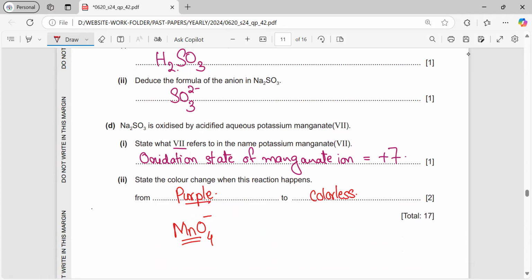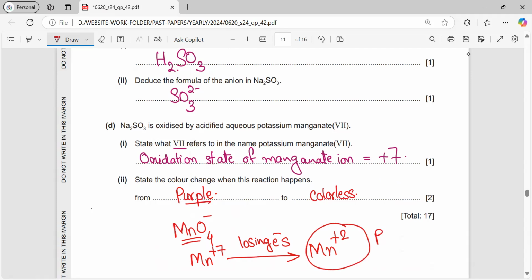So in this ion, the manganese oxidation state is +7. And after it gains electrons, it becomes Mn+2 from Mn+7. And Mn+2 ions are pale pink in color. So the purple color is because of Mn+7, which changes and forms pale pink. So the purple color turns colorless.